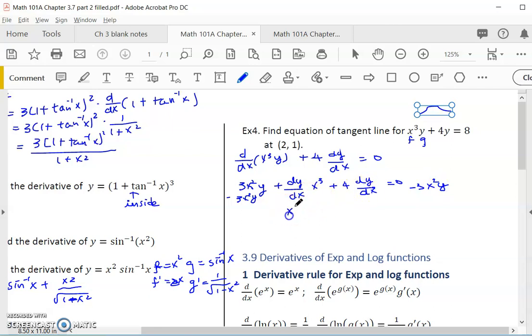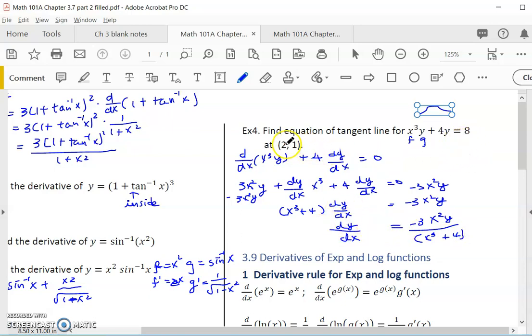So I would have x cubed plus 4, times dy/dx, equal to negative 3x squared y. So dy/dx would equal negative 3x squared y over x cubed plus 4. So this would give me the tangent line slope.